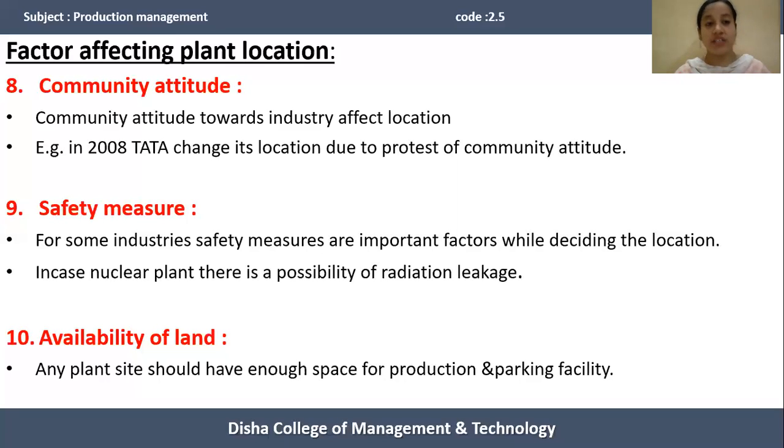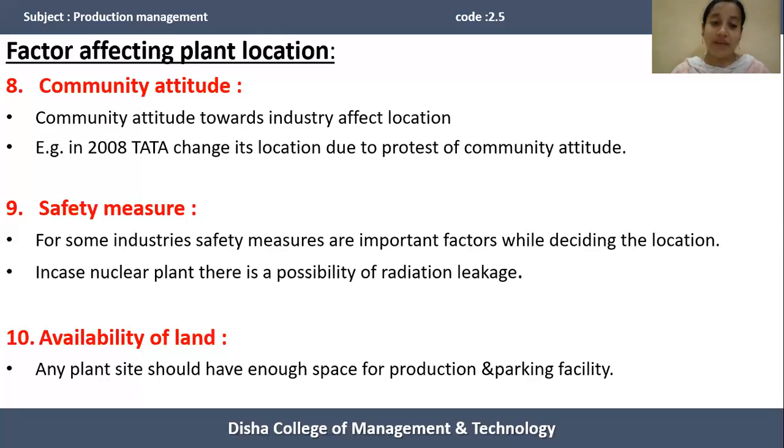And the last factor the industrialist has to consider while identifying a good location is availability of land. Means they have to identify a location where proper land is available. If in that area it is possible for them to grow and extend their plants, then only they should identify their location there.